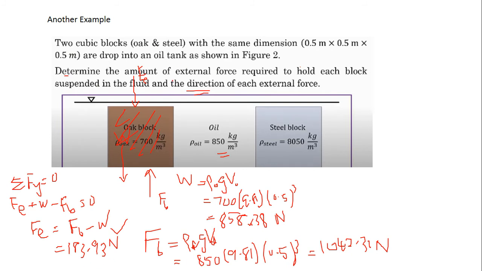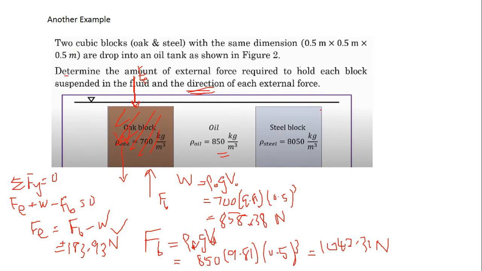They ask you to find the amount of this external force, and also the direction. The first you assumed downward, and it is positive, so dia bawah. So you don't have to change lah. Your first assumption is correct. So the external force equals 183.93 Newton and acts downwards.